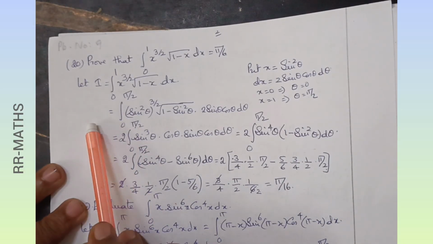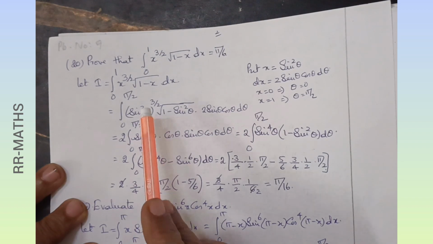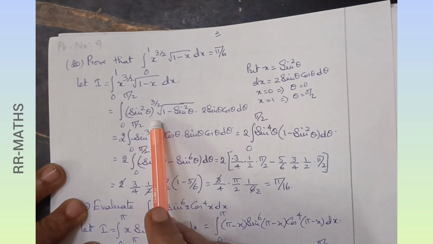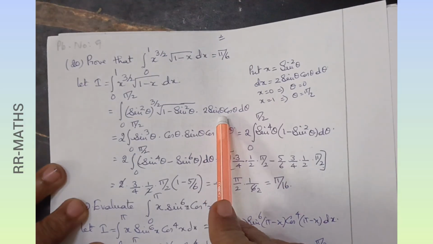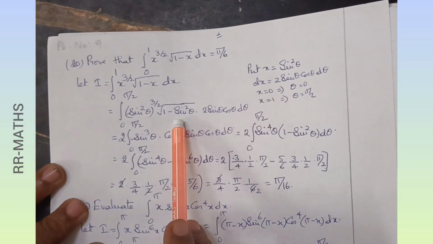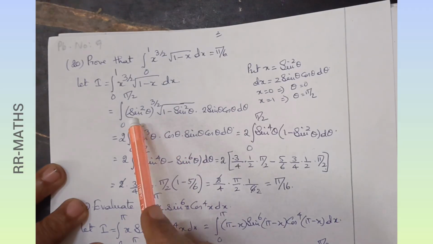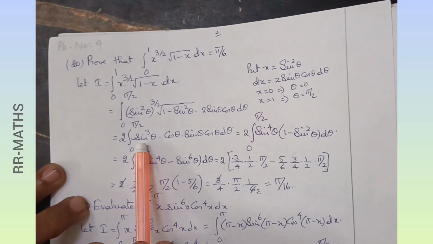So your integral I now becomes integral 0 to pi by 2 (sine square theta) to the power of 3 by 2 into root of 1 minus sine square theta into 2 sine theta cos theta d theta. This will reduce to root of cos square theta, which is cos theta. And here the sine square to the power of 3 by 2 will simplify to sine cube theta.